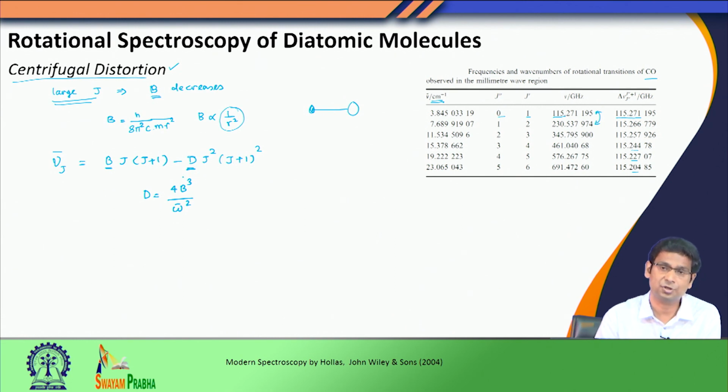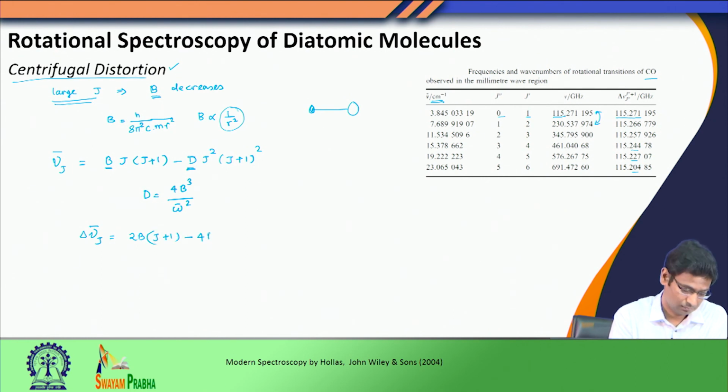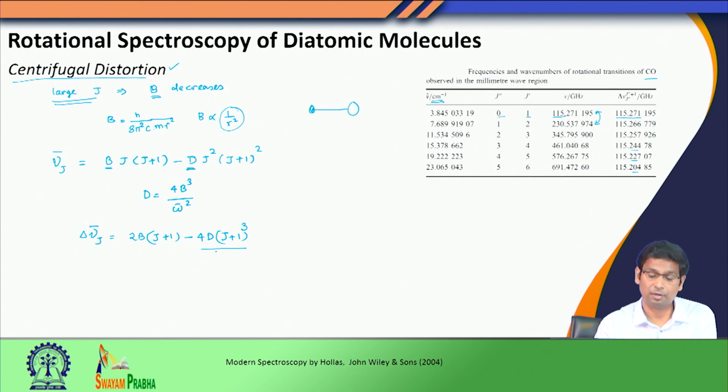So, this centrifugal distortion contribution is very small, but the effect of this D can be written now. This is the delta nu, the spacing between two consecutive lines. You can see that as J increases, you have this J plus 1 to the power 3 term, which is decreasing the spacing between the two. When D goes to 0, we get back our original relation, which was true for the rigid rotor approximation.